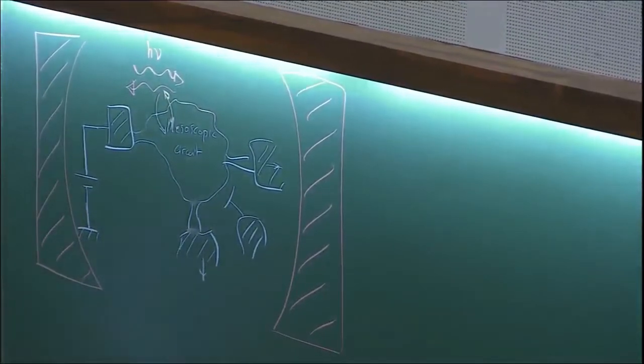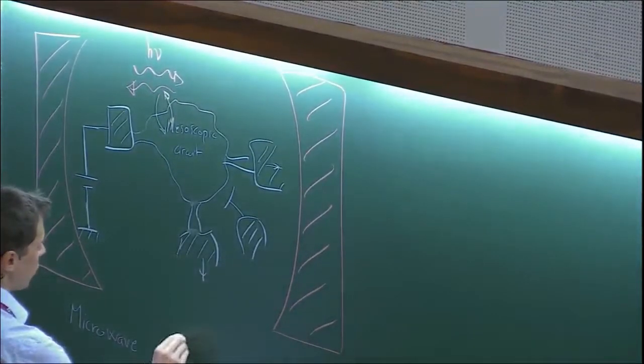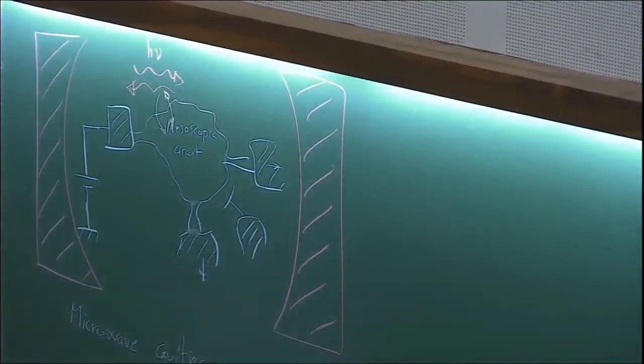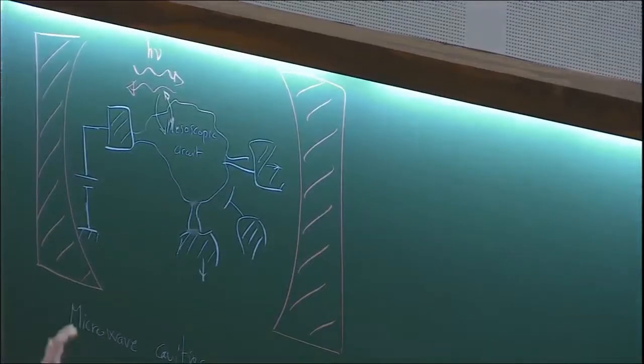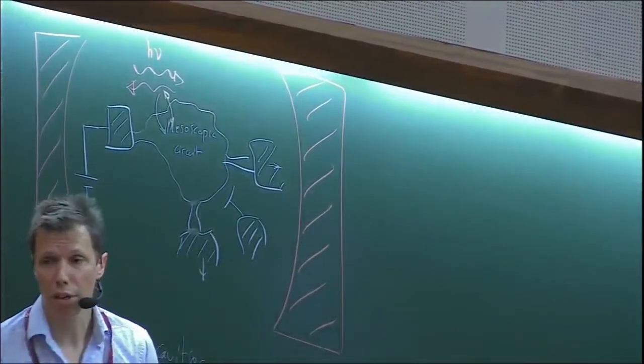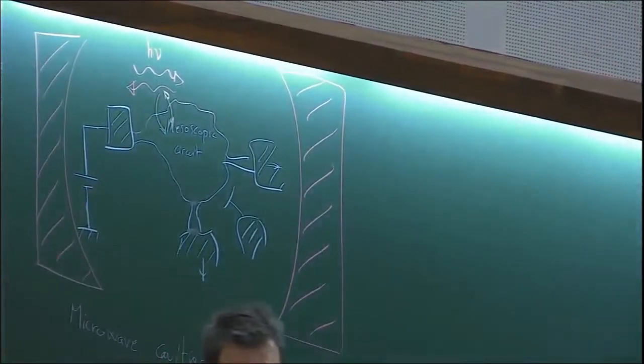We will focus on microwave cavities, but the general ideas are not restricted to that. Why is it interesting to couple this system to microwave cavities? It's because many of the energy scales which occur in these kinds of systems are actually in the microwave range.